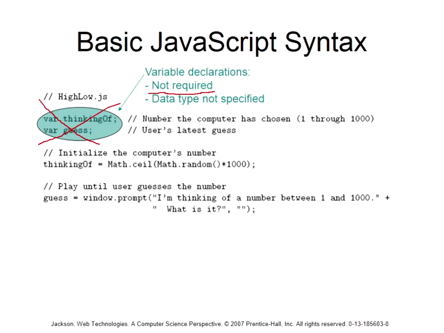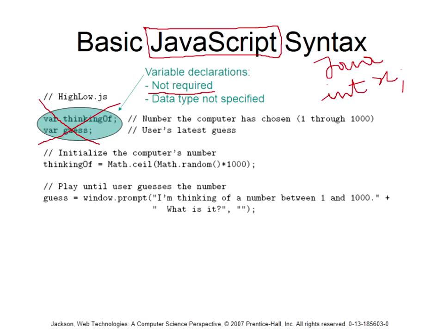Also, the data type is not specified. In Java, if we want to create an integer, we write int x, so we have to specify the name of the variable and the data type. But in JavaScript, the data type is not specified.